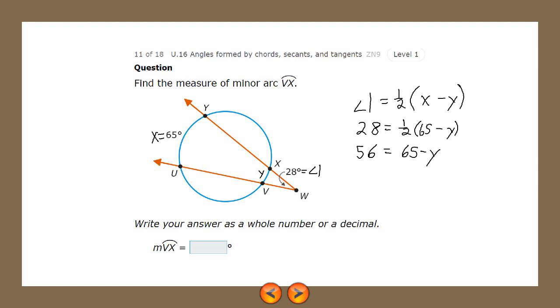And then a trick I saw one of you do that I really liked, I normally don't think of it this way, but we'll show it: we subtracted 56 from both sides and got 0 equals 9 minus y. 9 take away what number is 0? 9. 9 take away 9 is 0, meaning y equals 9. So x to v is 9. v to x is 9.